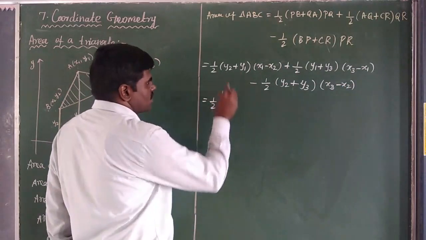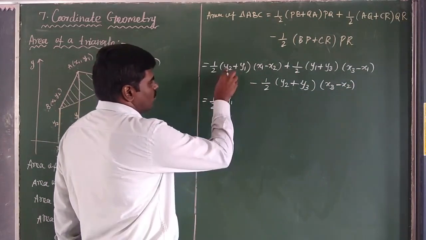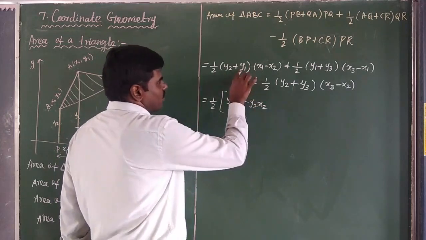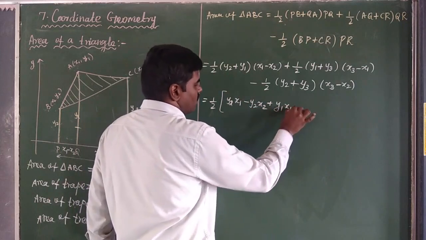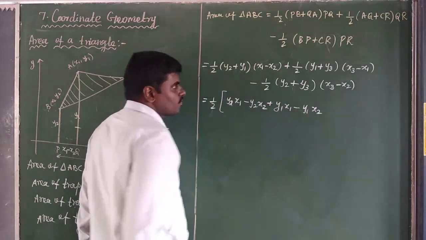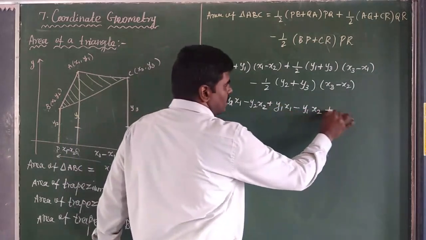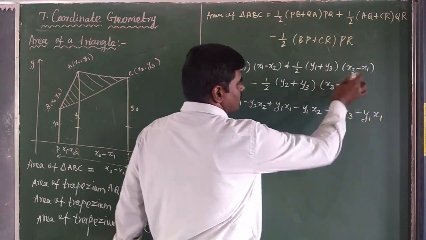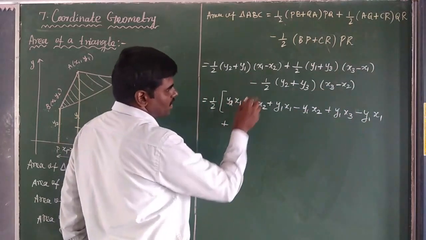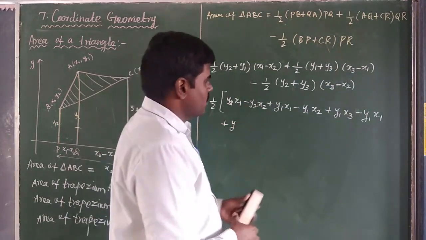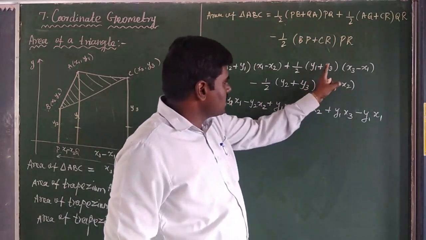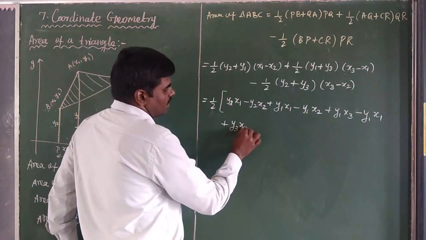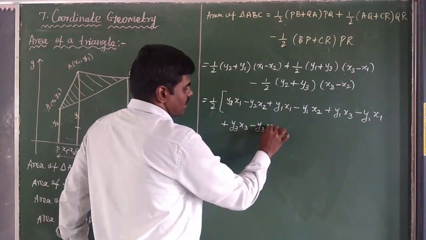Now multiply: y2 x1, next minus y2 x2, next y1 x1 minus y1 x2. Plus, y1 x3 minus y1 x1, plus y3 x3 minus y3 x1.